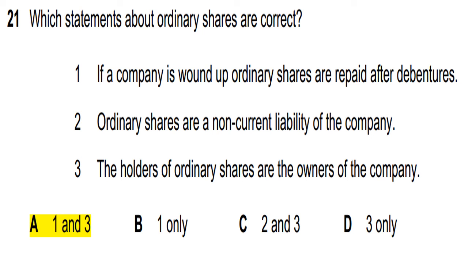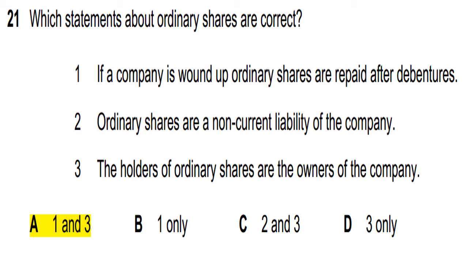And question 21: which statement about ordinary shares is correct? Number 1, if a company is wound up, ordinary shares are repaid after debentures, because this is share capital, and debentures are liability, so liability will be paid first, then we will pay the ordinary shares. And number 2, ordinary shares are a non-current liability of the company.